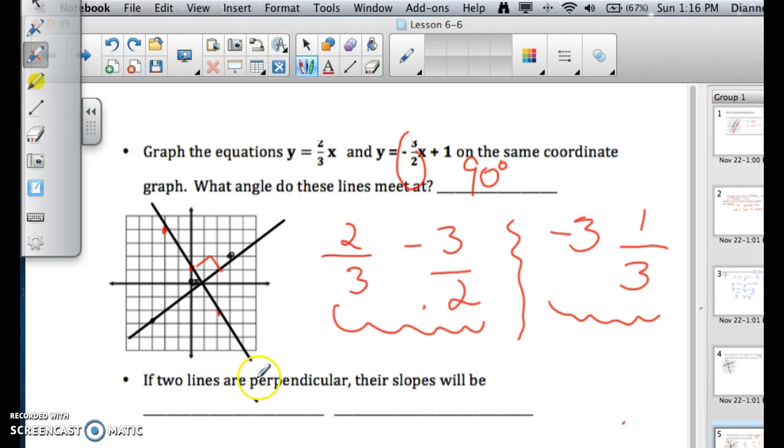So if two lines are perpendicular, their slopes are going to be opposite reciprocals. And another word for reciprocal is multiplicative inverse.